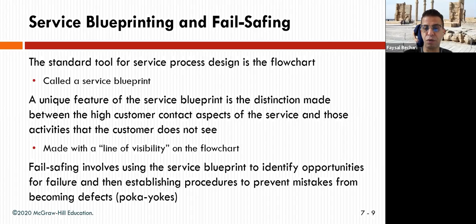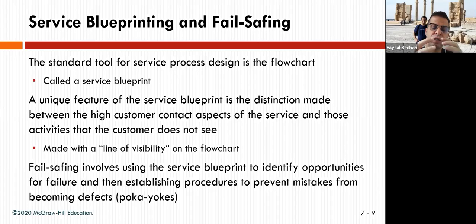A unique feature of the service blueprint is the distinction made between the high customer contact aspect of the service and those activities that the customer does not see. So when you do a blueprint, you show the services that are provided, but there are so many things happening behind the scenes that you need to connect in that blueprint and see the whole picture of how these things are happening.